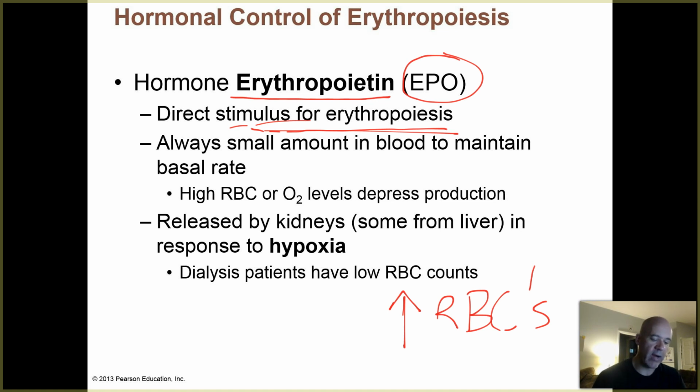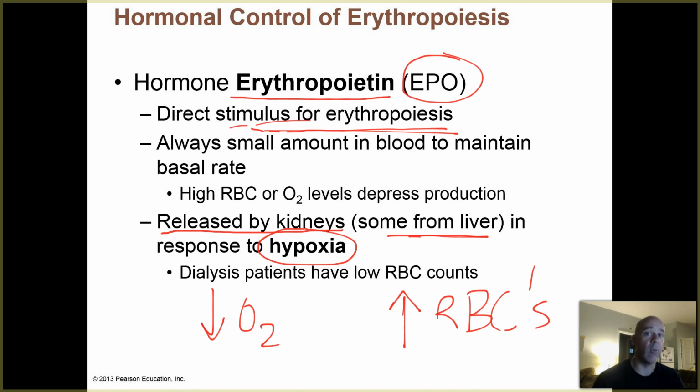All right, what actually stimulates secretion of this hormone, and where does it come from? It's actually produced, interestingly enough, by the kidneys. The liver also makes a little bit of it as well. So you have cells in those tissues, and what they sense is hypoxia, lower O2 levels. When they sense that, lower O2 can be a signal: hey, there aren't enough red blood cells around delivering O2 gas, so we need to crank out some more.